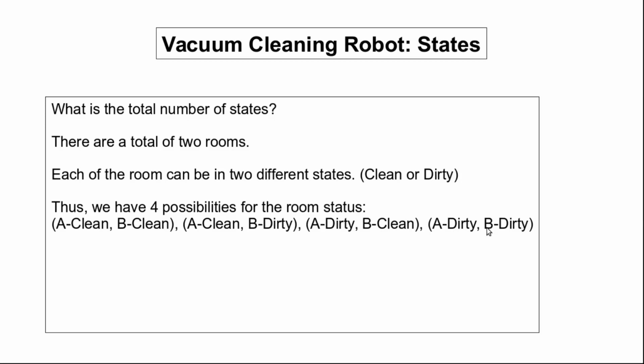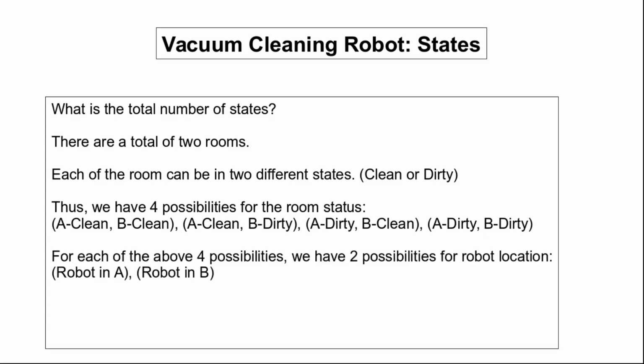But now we also have a location of the robot, and the robot can be in either room A or in room B. So there are two possibilities for the robot location, and hence for each of these four possibilities that we had here, for the robot position we can again have two possibilities.